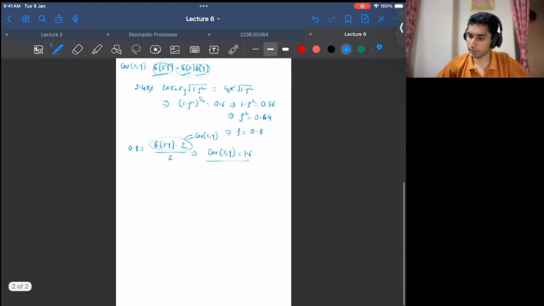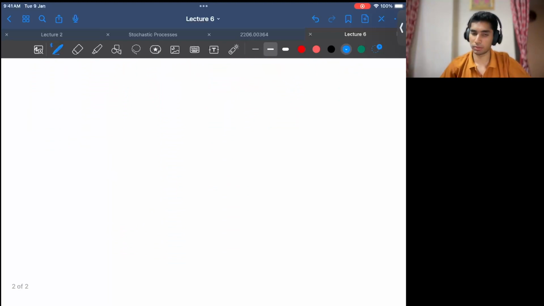Okay, so let's look at some easy problems, right? Let us look at some easier problems, which just involve two discrete random variables. So here is the second question. The question says that you have a fair coin which is tossed three times, right?